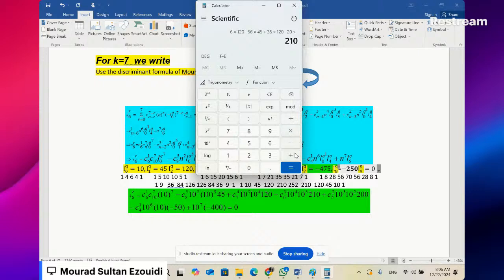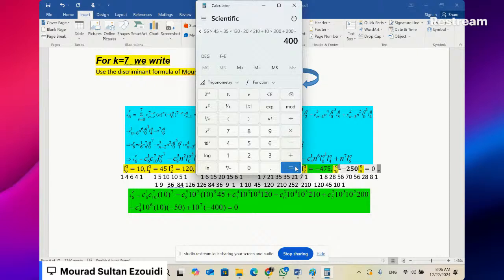Then plus 5 choose 2, which is 10, plus 10 times 200. Minus 4 times negative 50 means plus 200, because minus multiplied by minus is plus, so 200. Minus 400.